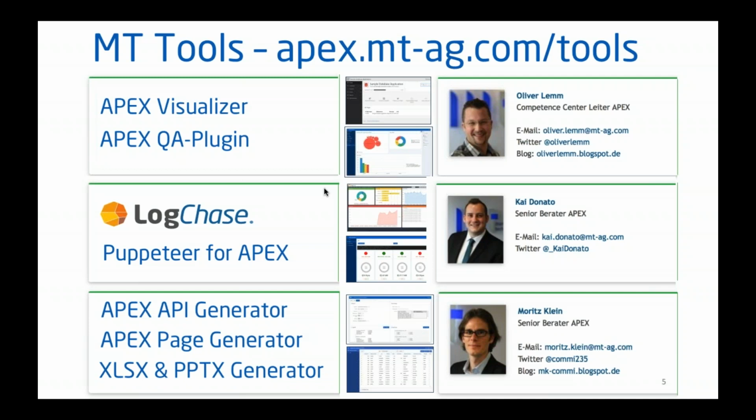And then we have the API generator, which is freely available. You can actually use it right now online as a cloud service on our website. The API generator will give you a package with all the methods in there to load items, to save items, and stuff like that.